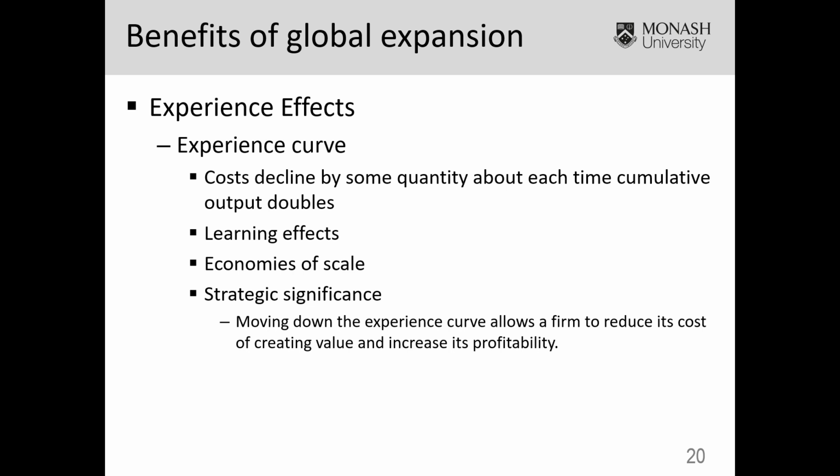The second area that you can gain advantage is because you move along the experience curve through your operations. You're trying to benefit from the learnings you've achieved in your organisation. You're trying to gain economies of scale. You're trying to reduce costs in production as your output increases.